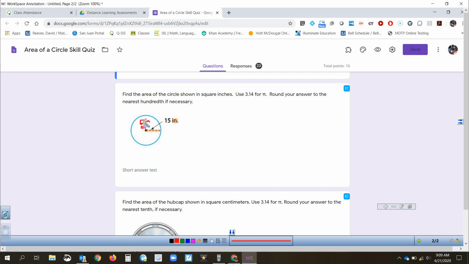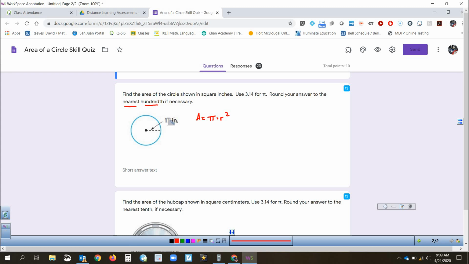How many of these squares will fit inside this circle? All right, again, we're going to use 3.14 for pi, and again, it says round to the nearest hundredth if necessary. All right, so area is still just like it was in the previous problem. It's not going to change. Pi times the radius squared.